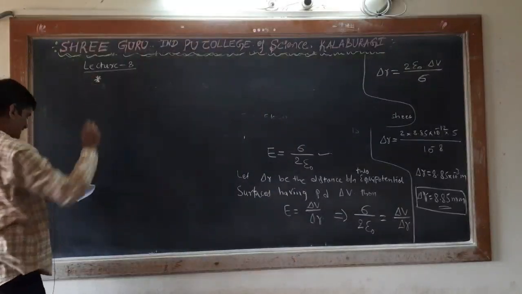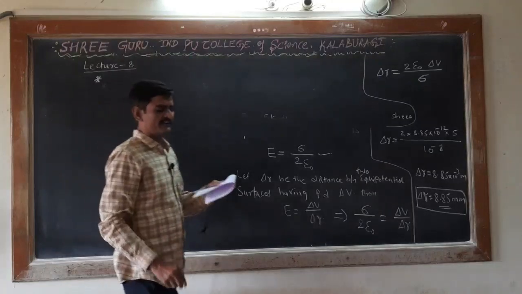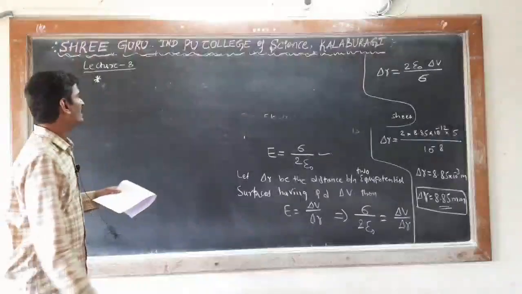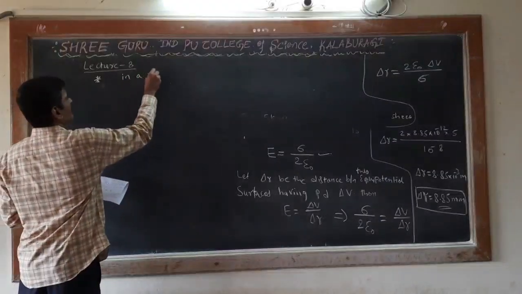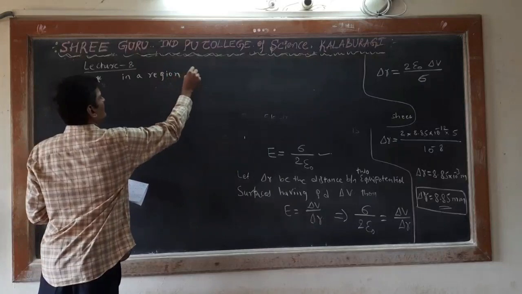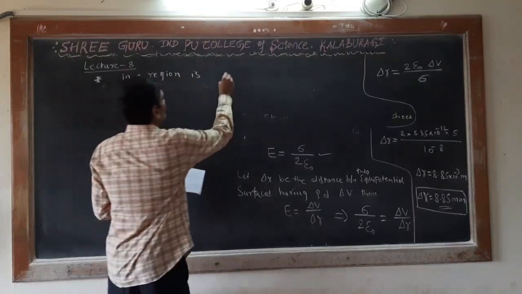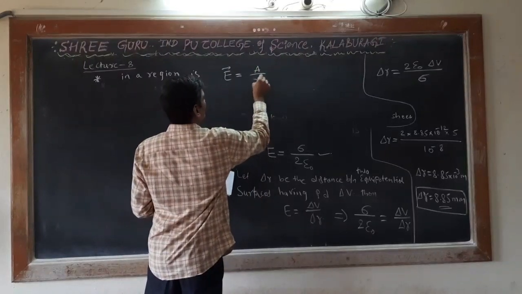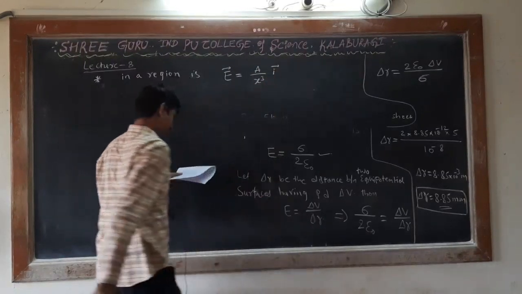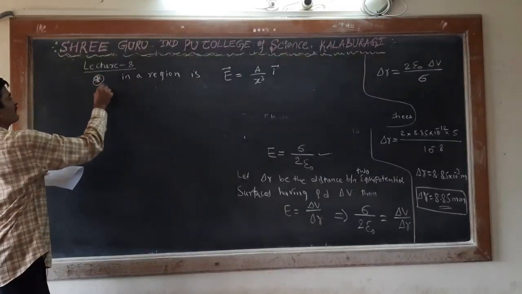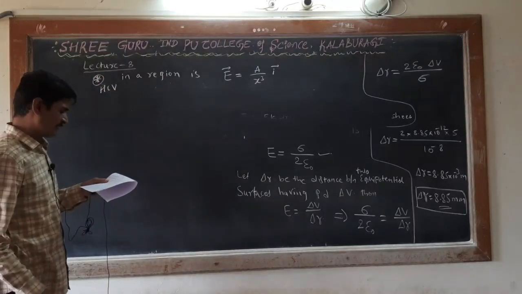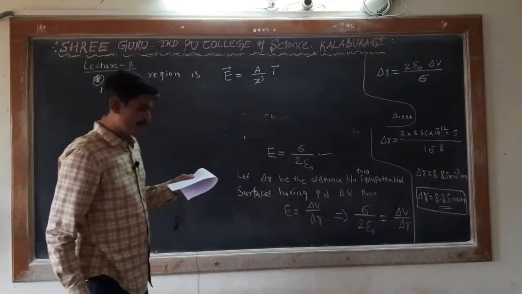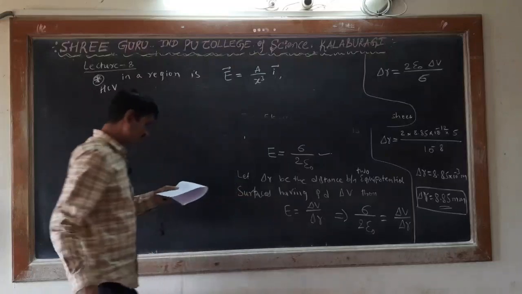Next one. The electric field in a region is given by, the electric field in a region is given by, the electric field in a region is given by vector E is equal to A divided by x cube vector I. The electric field in a region is given by, the electric field in a region is given by vector A is equal to A divided by x cube vector I. Come on.